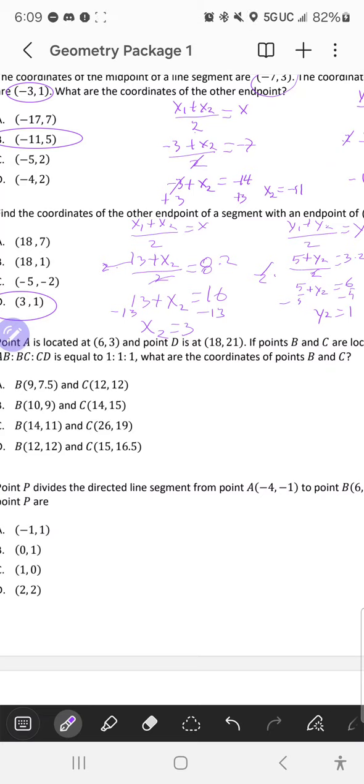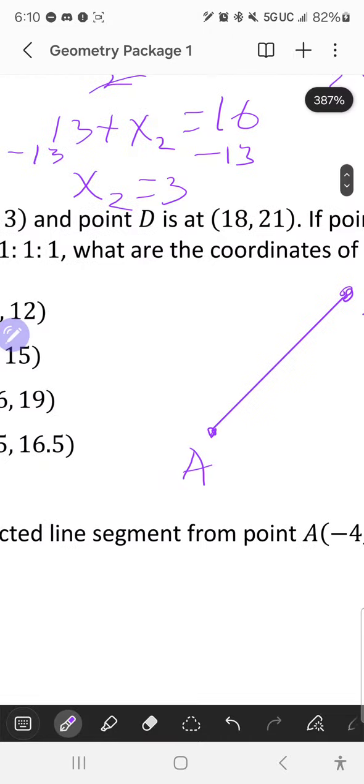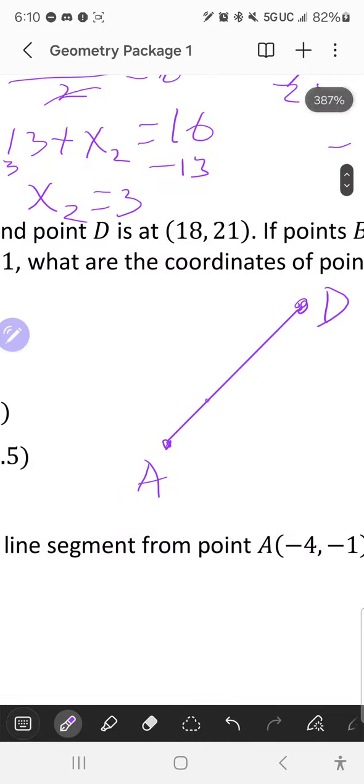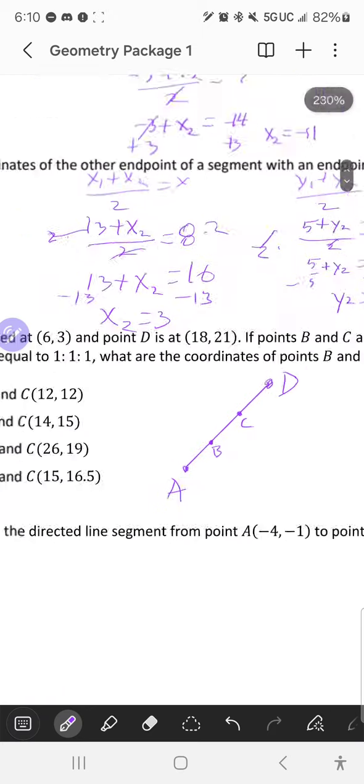So let's draw our line. We have A, we have D, and we have this line here. And this is A and this is D. Now we know that somewhere in here is B, somewhere in here is C. We don't know exactly where.